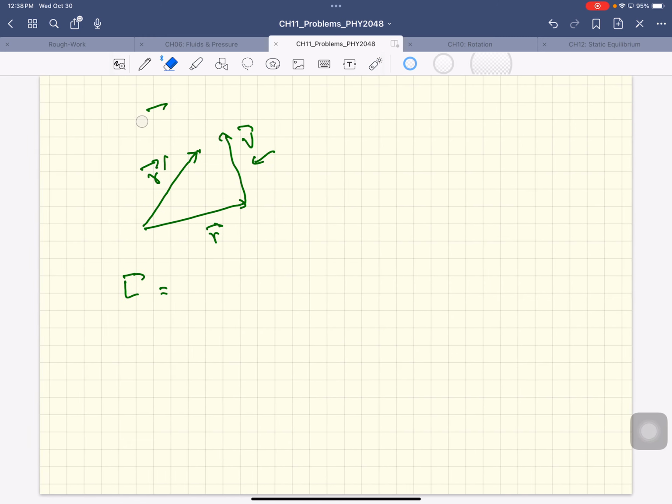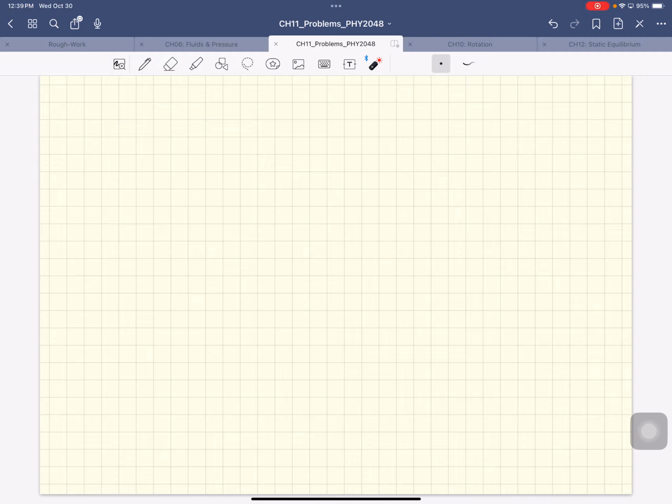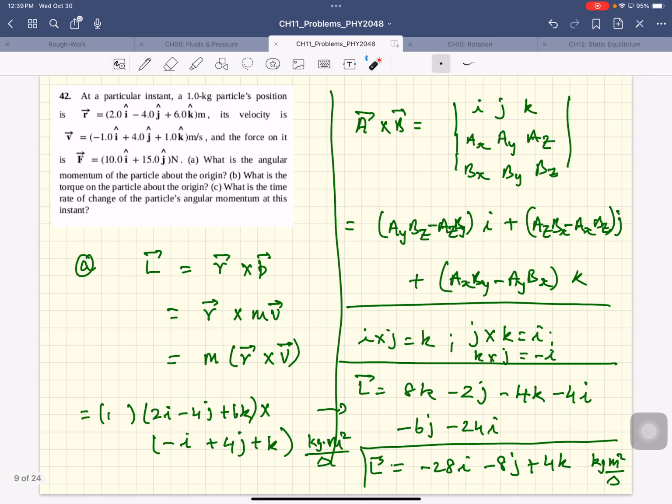Somebody had a question there? For the j term, the second term, is it always negative? I watched a video on YouTube, and he said the second term of the cross product is always negative.